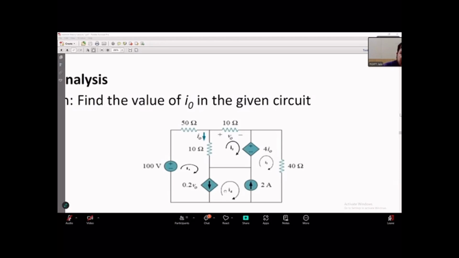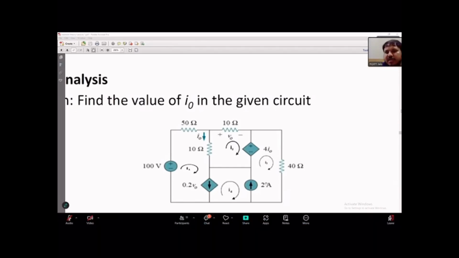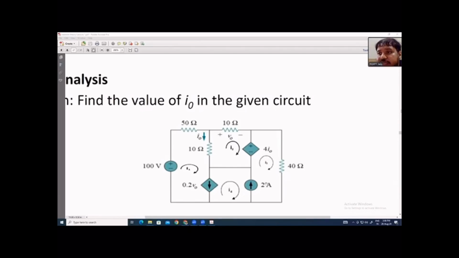Between 3 and 4. Green is saying between 3 and 4. There will be another super mesh, meaning another mesh will be included. I have told that if there is a current source, I have not told anything about whether it should be independent.